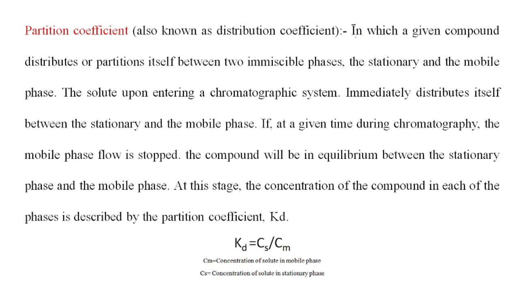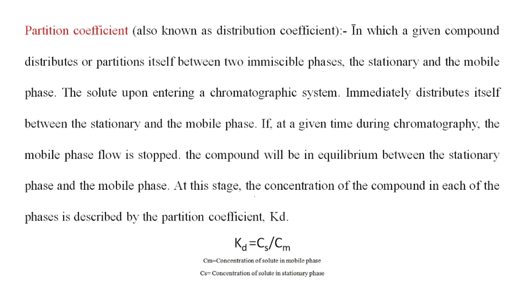The definition: a given compound distributes or partitions itself between two immiscible phases, the stationary and the mobile phase. The solute, upon entering a chromatographic system, immediately distributes itself between the stationary and the mobile phase. If at a given time during chromatography the mobile phase flow is stopped, the compound will be in equilibrium between the stationary phase and the mobile phase.